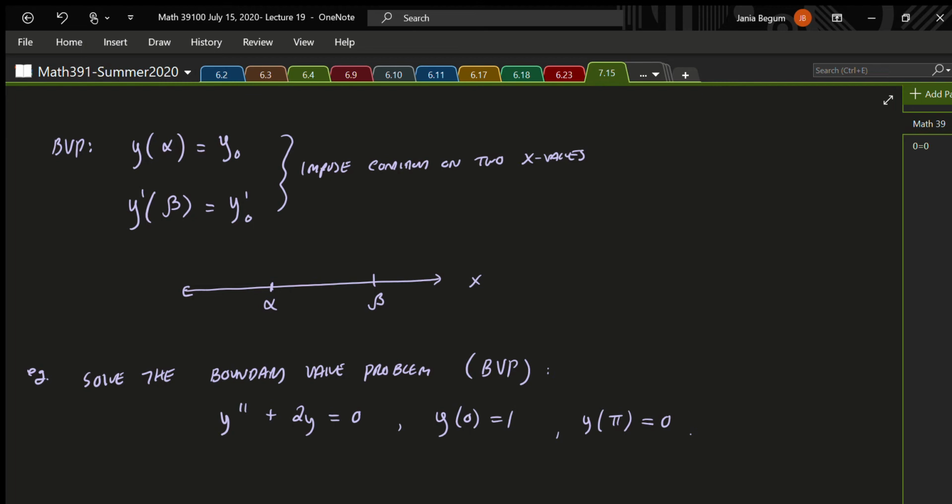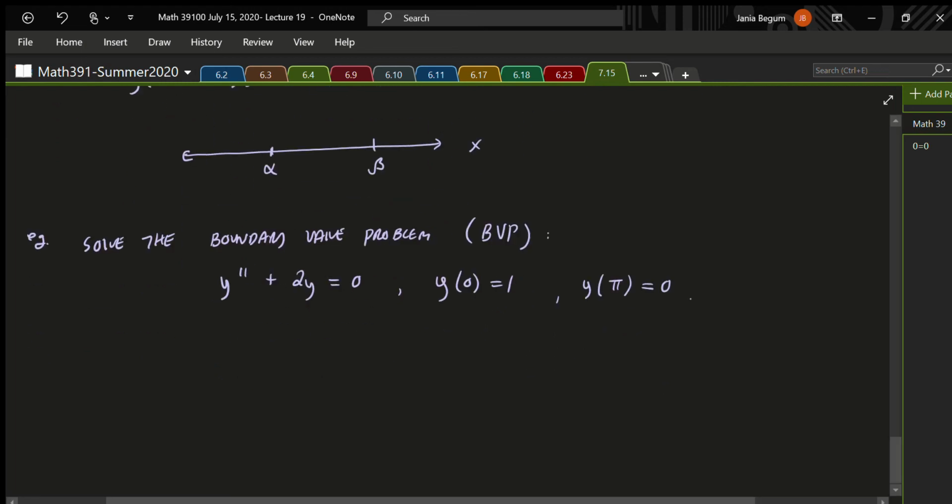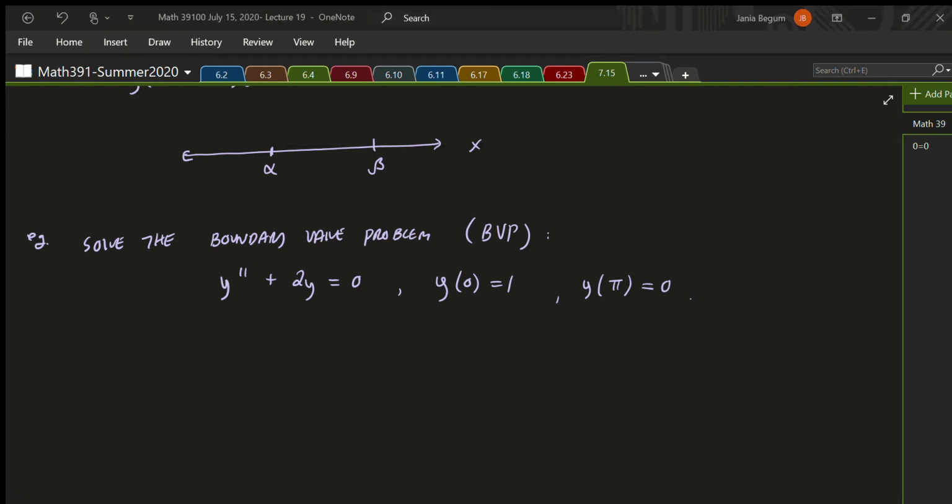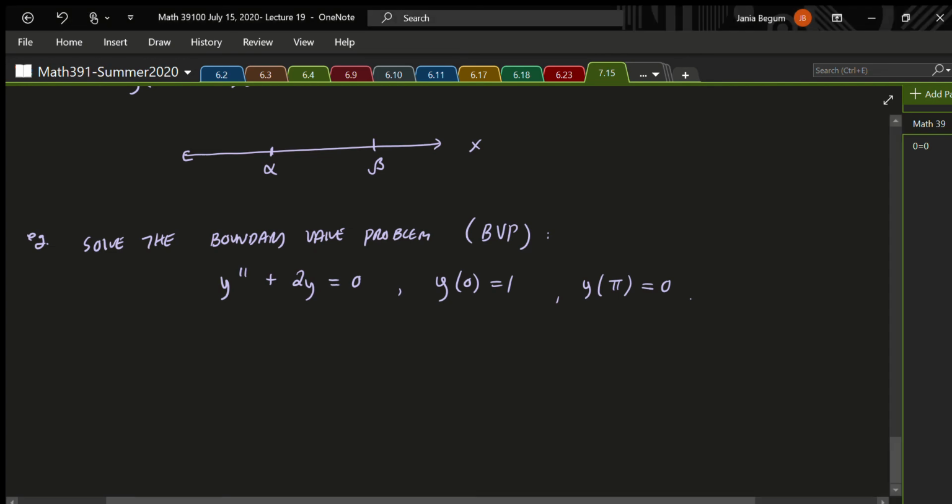Well, how do we solve it? Just like we did for initial value problems, you write out the characteristic equation, find its roots, write out the solution using the roots, and then solve for C1 and C2. The same idea applies here. We write out the characteristic polynomial, which is r squared plus 2 equals 0.